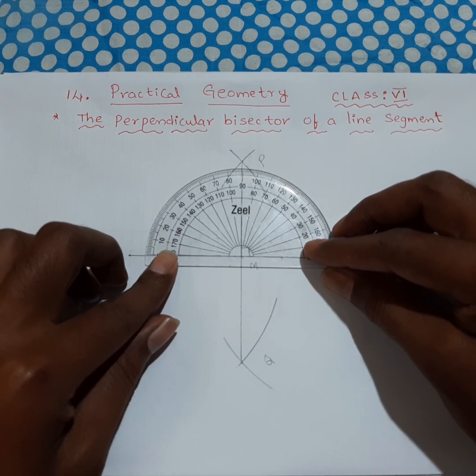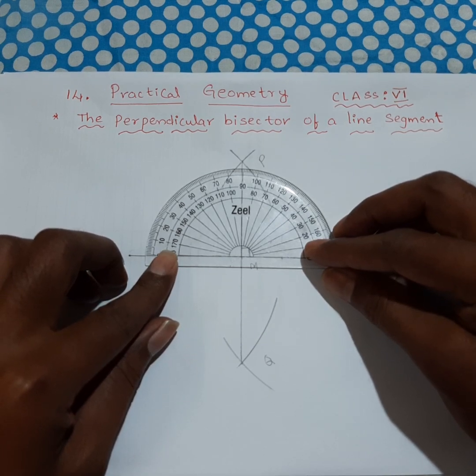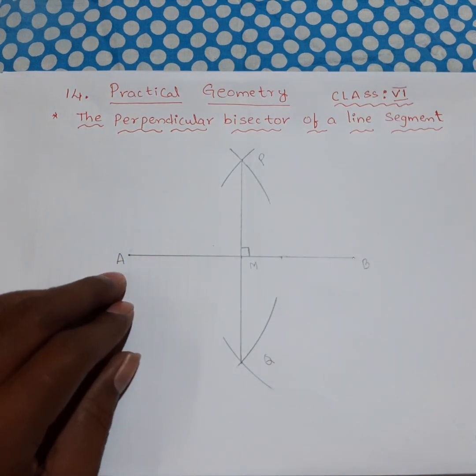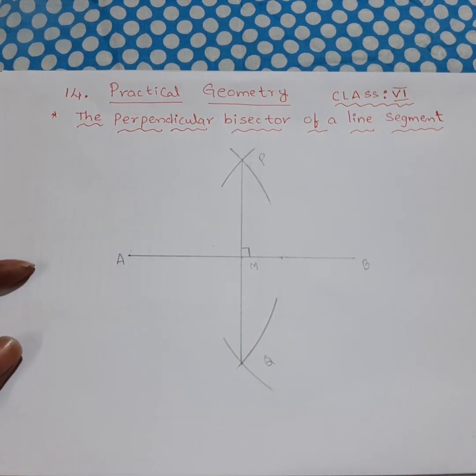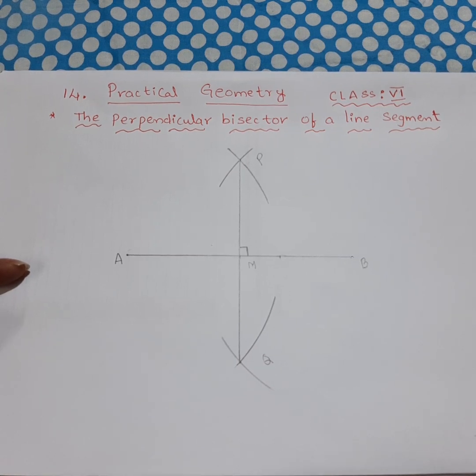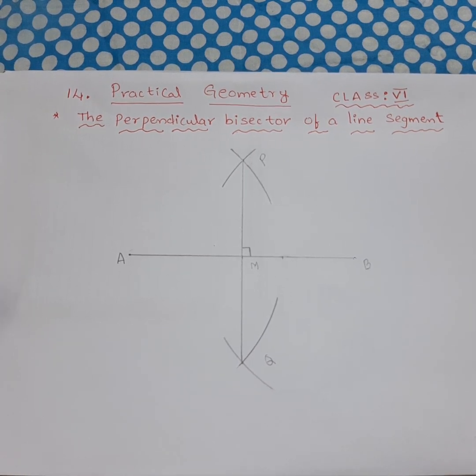Okay, right? So how to draw a perpendicular bisector? First of all, we need to draw a line segment AB. For that line segment AB, by using a compass, take more than half of the length of AB, then take center as A and draw an arc above the line and one more arc below the line segment.